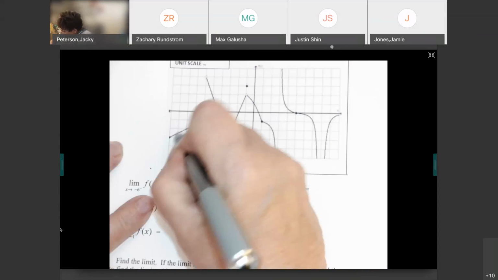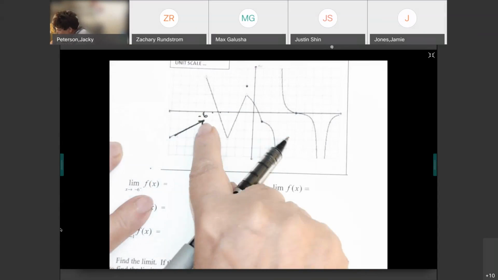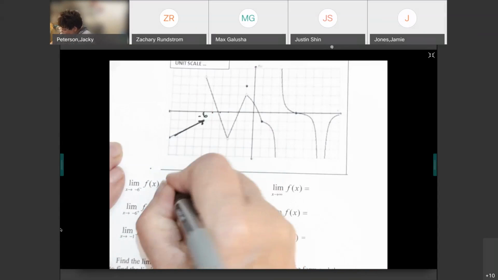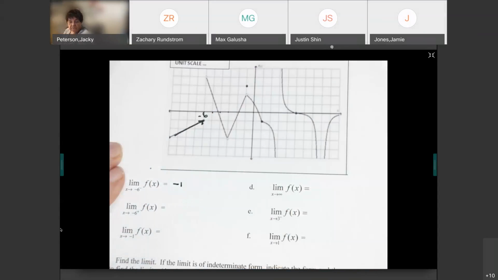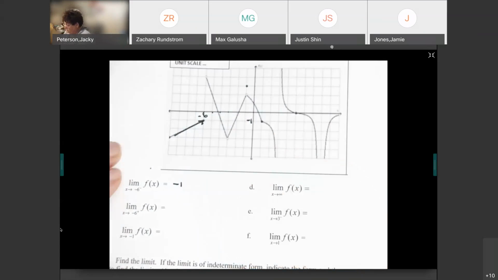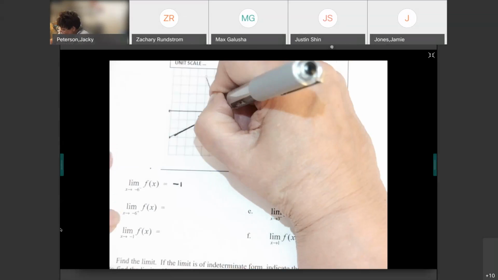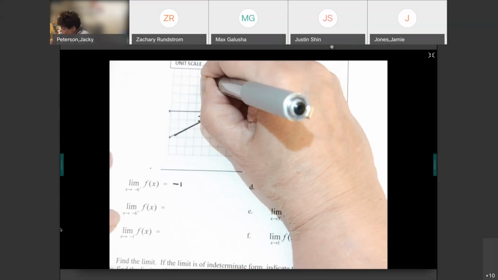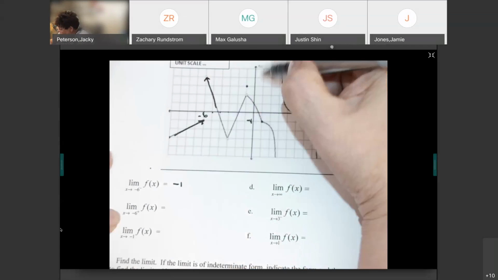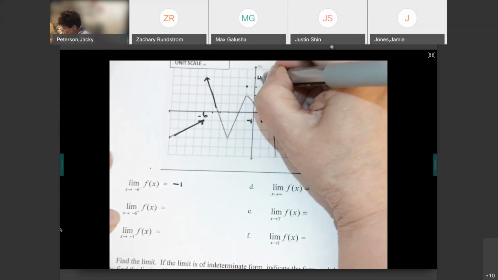From the left, I'm coming up this direction. And where do I stop? I stop at -1. So this is -1. And then from the right, I'm coming in from this direction. And where do I stop? 1, 2, 3, 4. I stopped at 4.